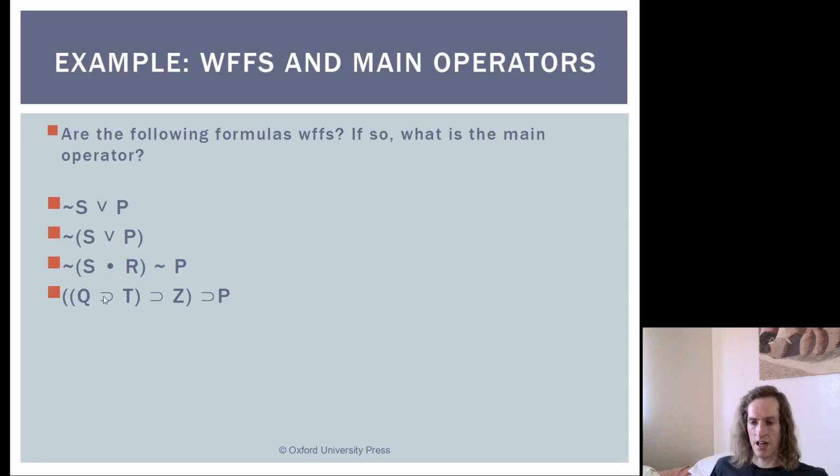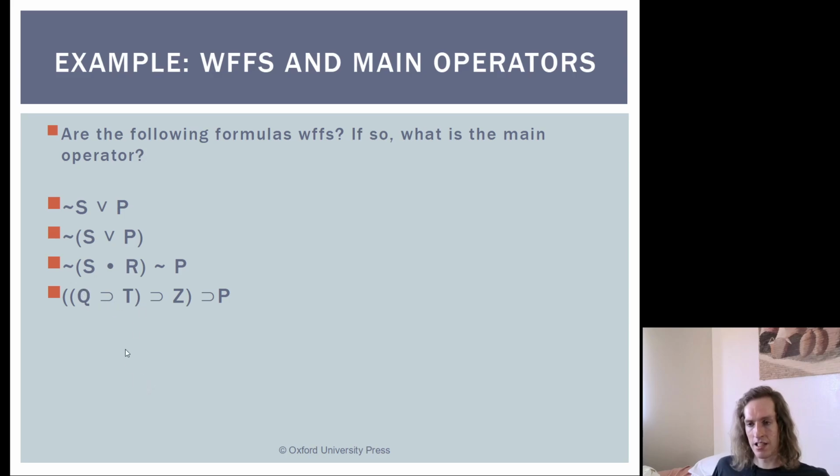Now, if we didn't have these parentheses that showed us which conditional was the major operator, that would change the meaning of what we have going on completely. So because we have the parentheses, while Q, T, Z, and P are each by themselves atomic formulas, the next formula that we go to is, well, if Q and T are well-formed formulas, then if Q then T is a well-formed formula.